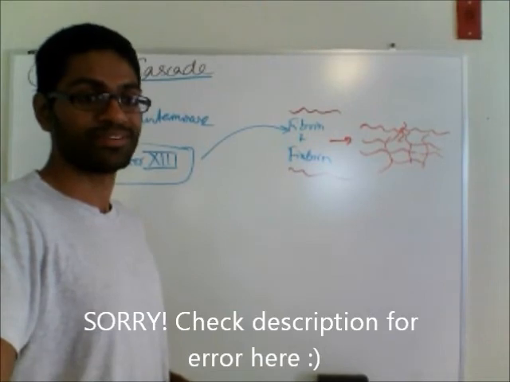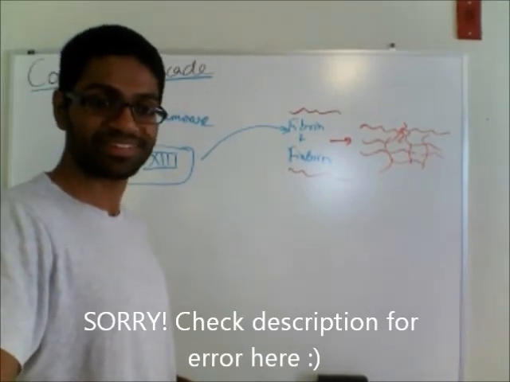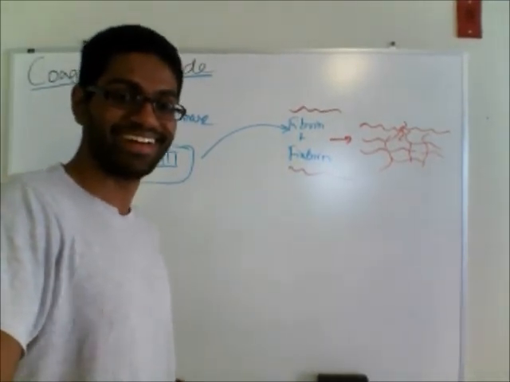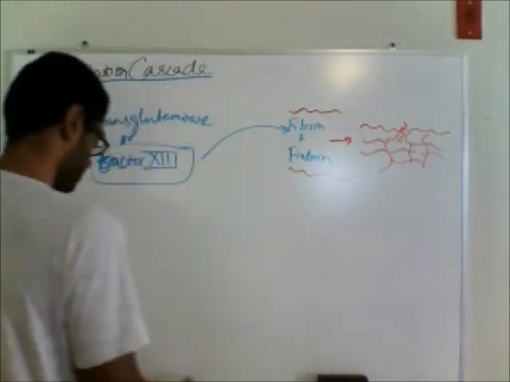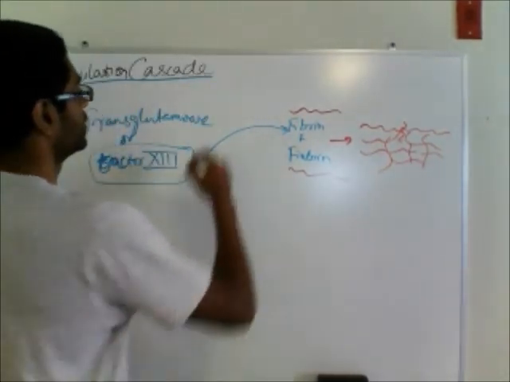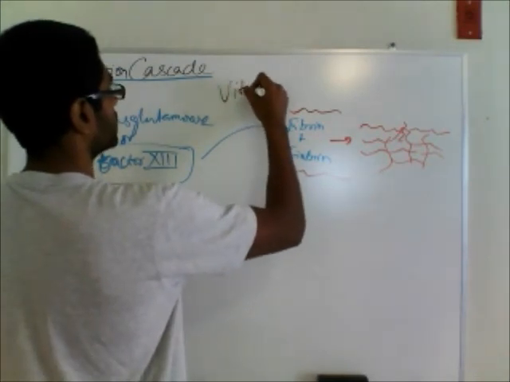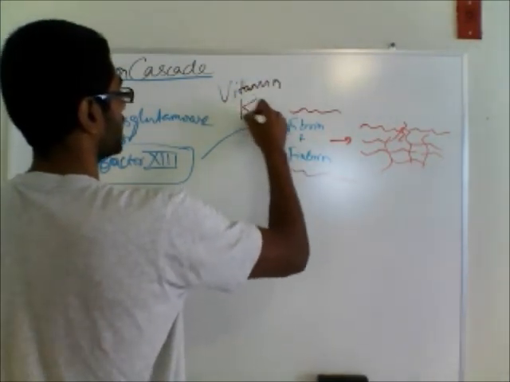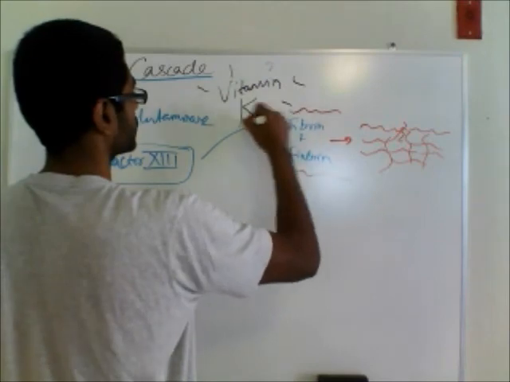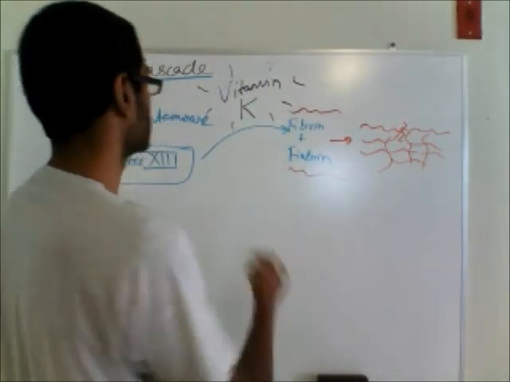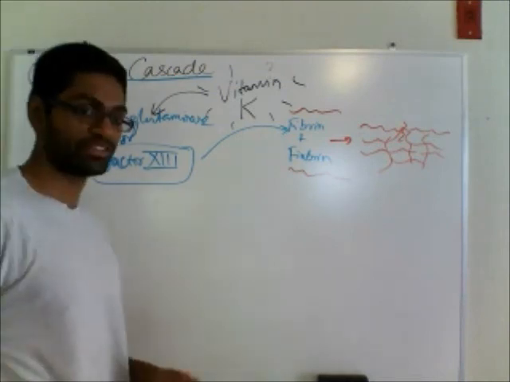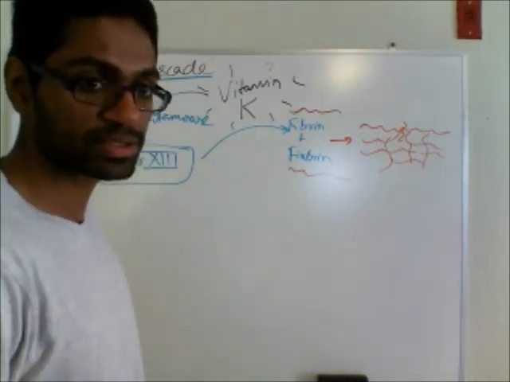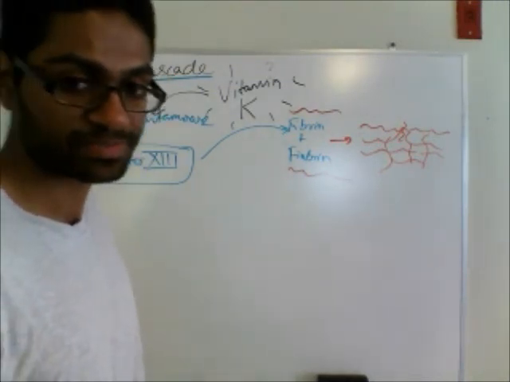Exactly, you're absolutely right. It is vitamin K, found in green leafy vegetables. So there you have it. Vitamin K, very important in the formation of clots.